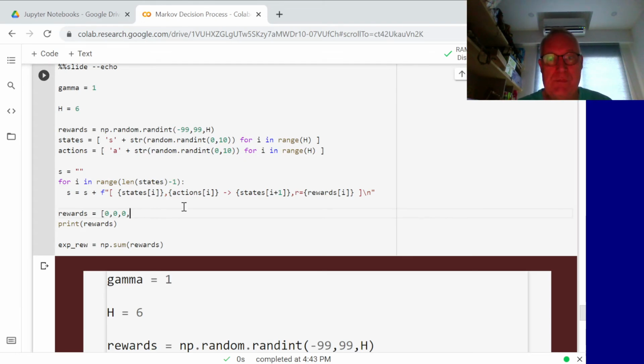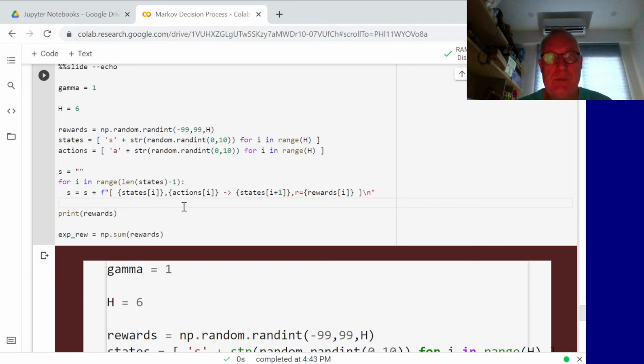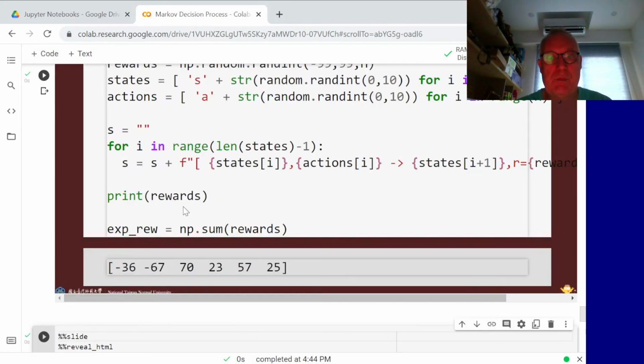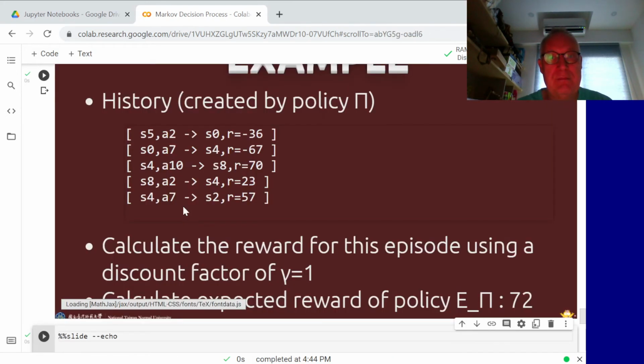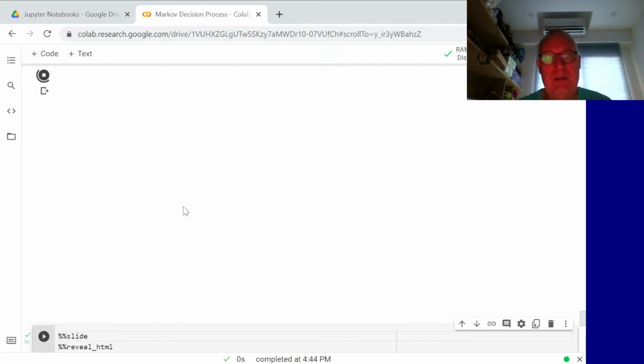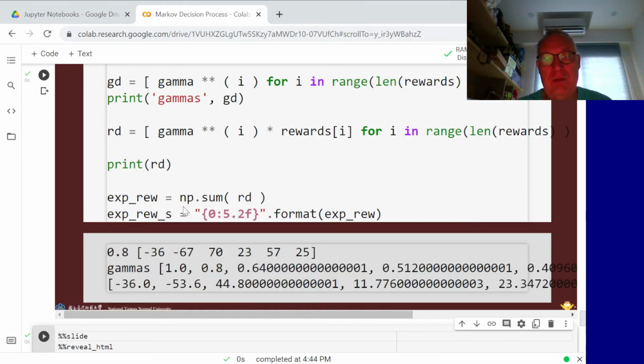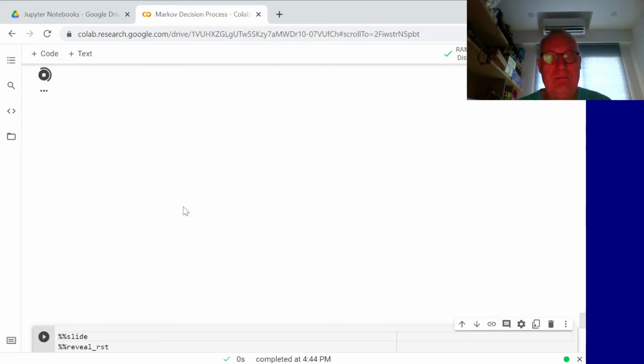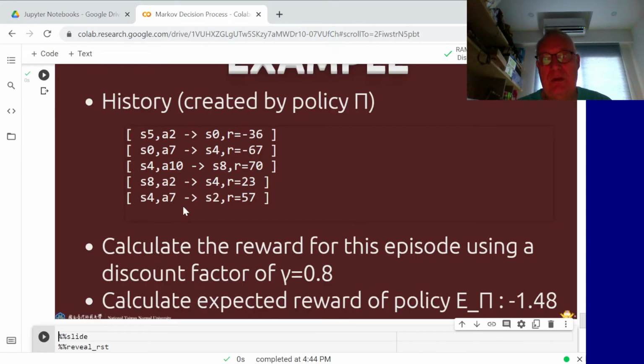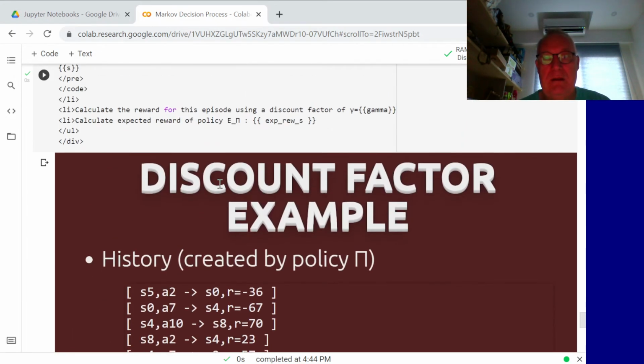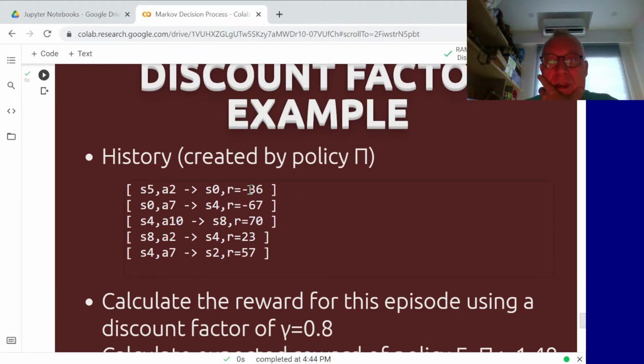and in this case it's 72, and if I have a discount factor, then the future rewards are discounted. Then I end up with negative 1.48. If you look at that, it's because the negative 36 here hurts a lot, right? And the negative 67, they are closer than all of these ones, 70, 23, 57.